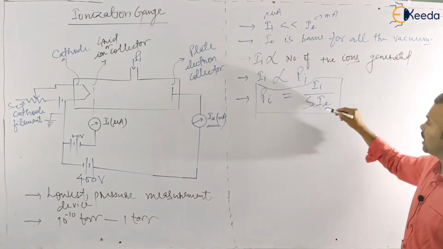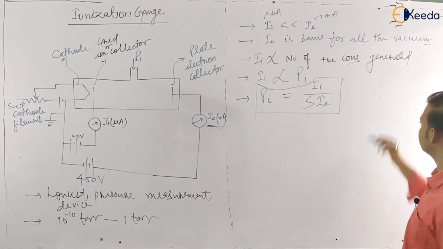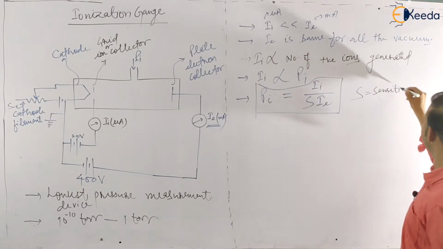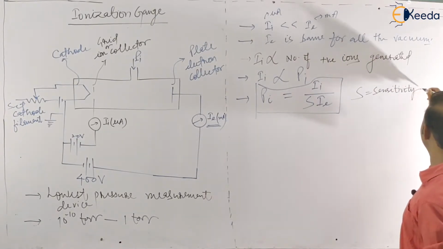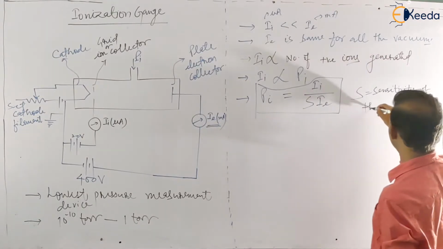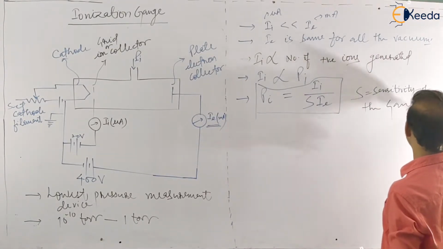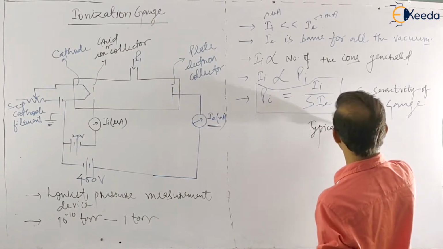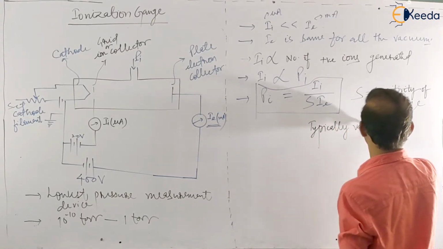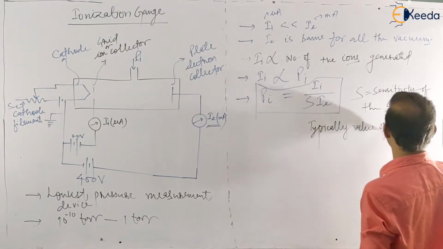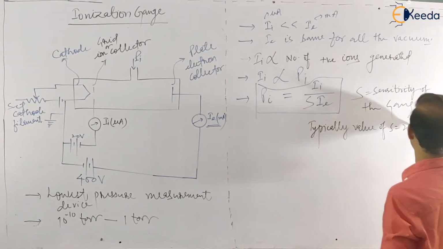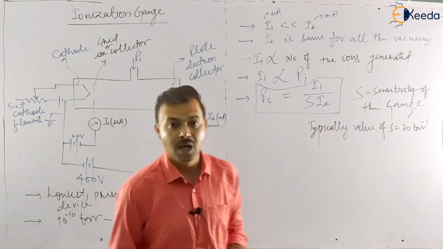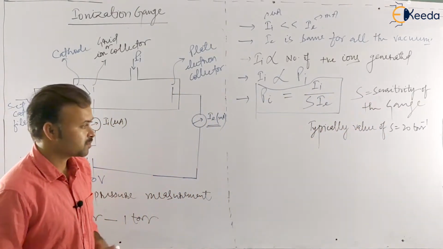II is the ion current, IE is the electron current, S is the sensitivity of the gauge, and the typical value of S is 20 torr inverse.